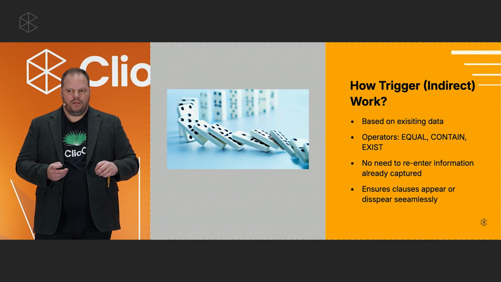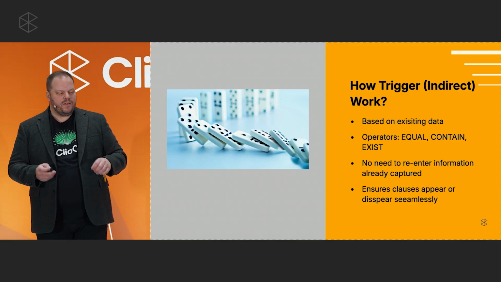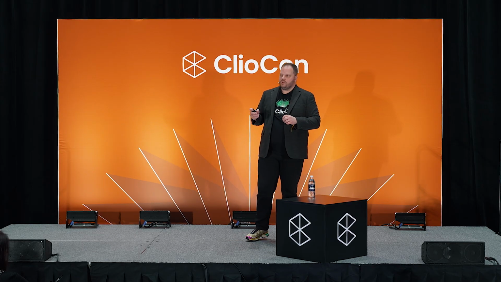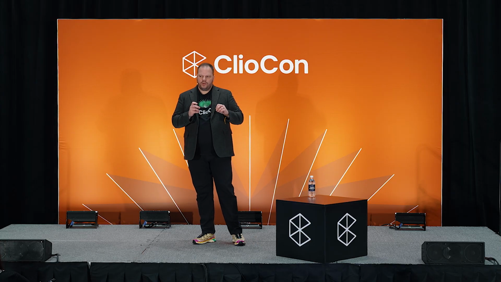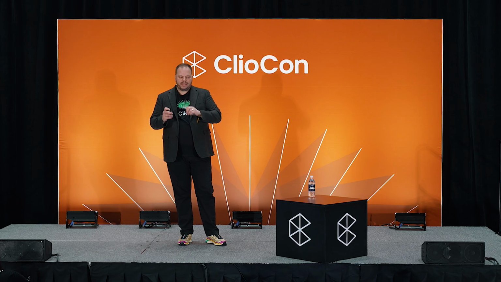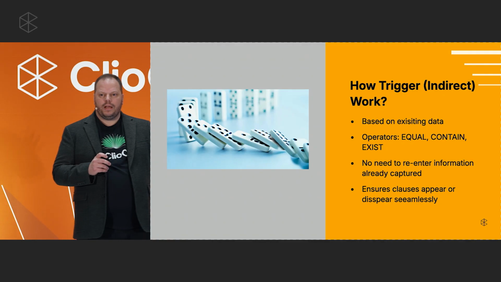Indirect logic is a silent partner in your drafting. Instead of asking the drafter a direct question, Clio Draft will look for the data that's already in your document, and it will trigger the operators based on that data. Think of indirect triggers as falling dominoes.